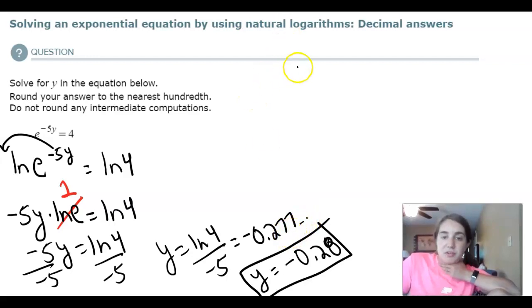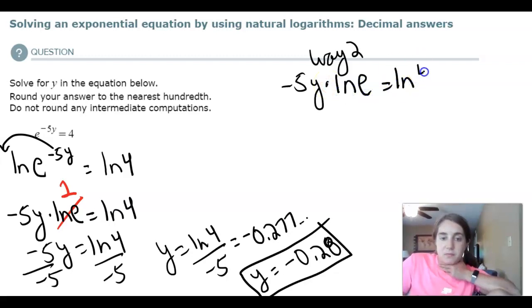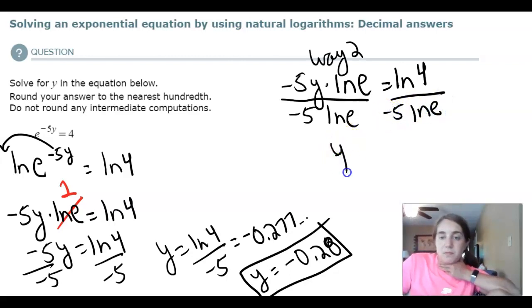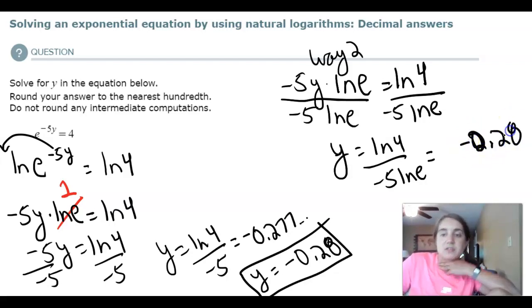Or once we got to this part, we could have handled it if we divided everything. We would have still gotten the same answer. So if you didn't cancel that there, that's okay.